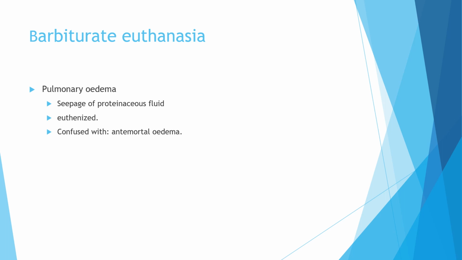The important thing there is just to make sure you're able to recognize that not all pulmonary edema would be a lesion. So if you've got a history that the animal had been euthanized using barbiturates, then chances are the pulmonary edema you see is because of the euthanasia.